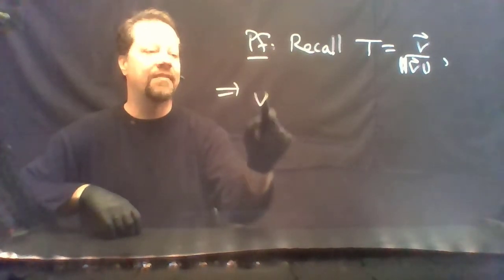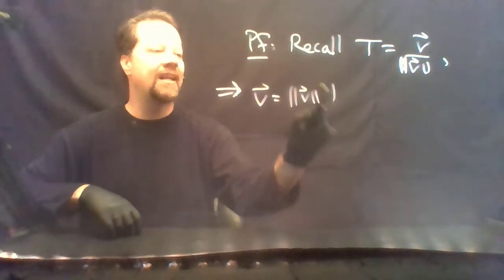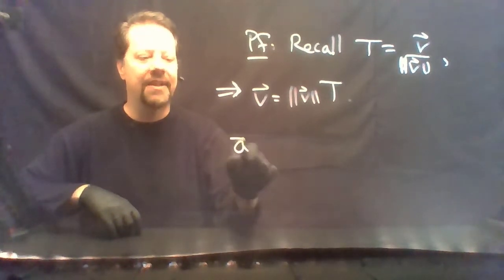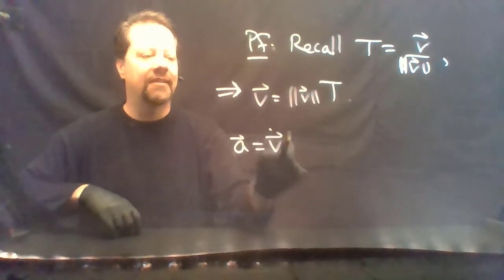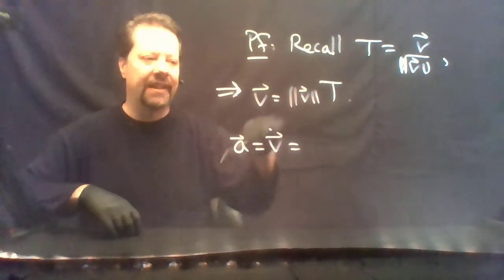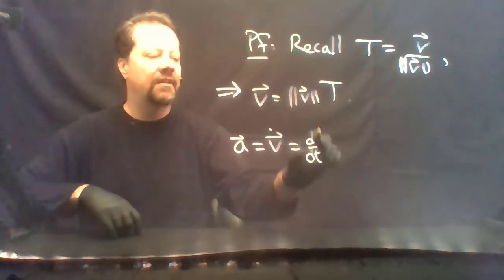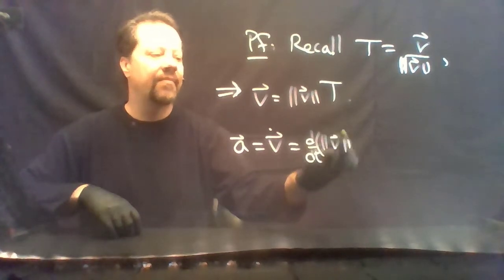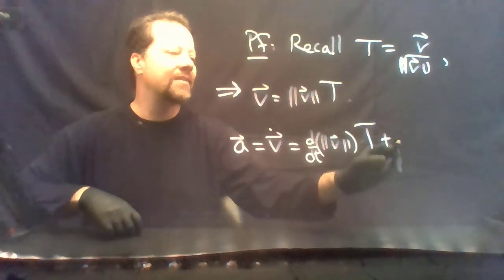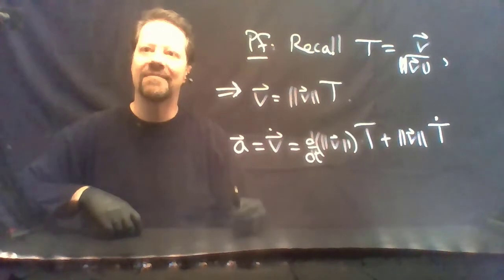And that implies that the velocity vector is the speed times the unit tangent vector. From this, we can calculate the acceleration by just calculating the derivative. Now, the speed changes with time. You don't have to be moving at a uniform speed, which means you're going to get the time rate of change of speed times t, that's a scalar multiplication here, plus the norm of v times t dot.